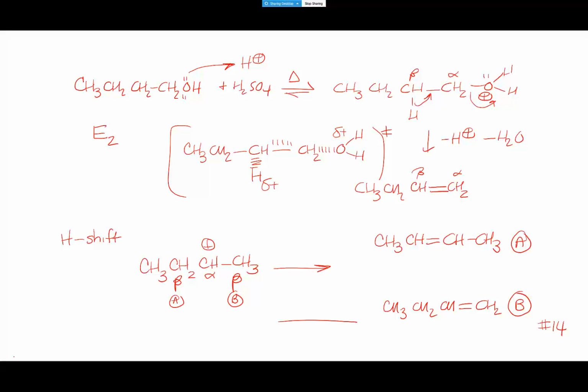And so let's start with our one chlorobutane molecule that we just ended with. Now, if I'm going to do E2, I'm going to have to get aggressive with this molecule.